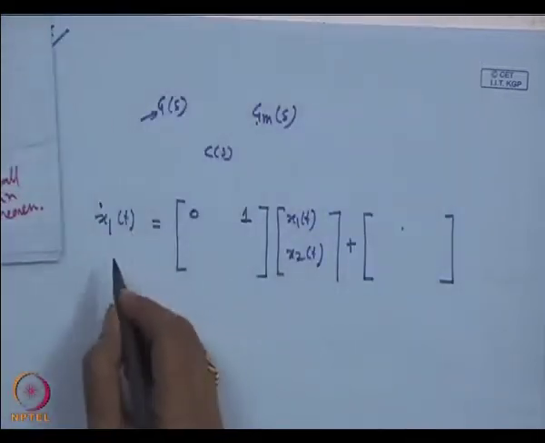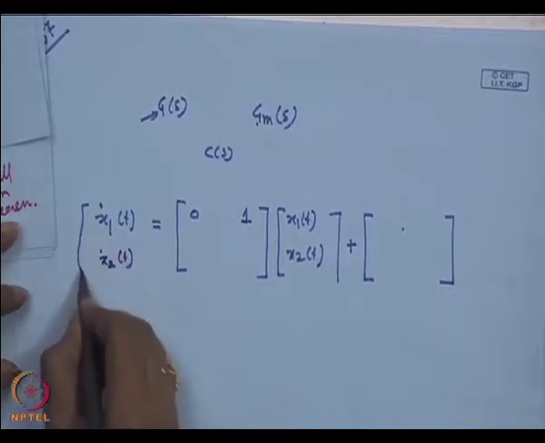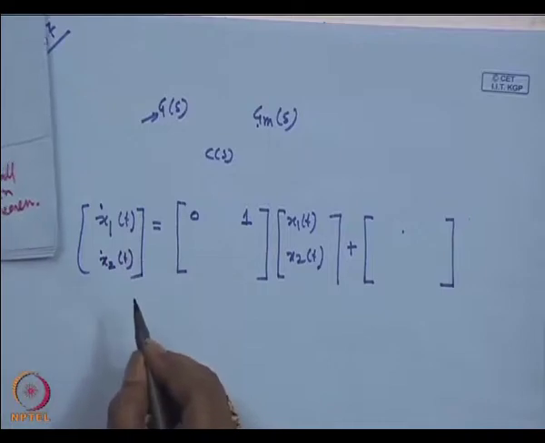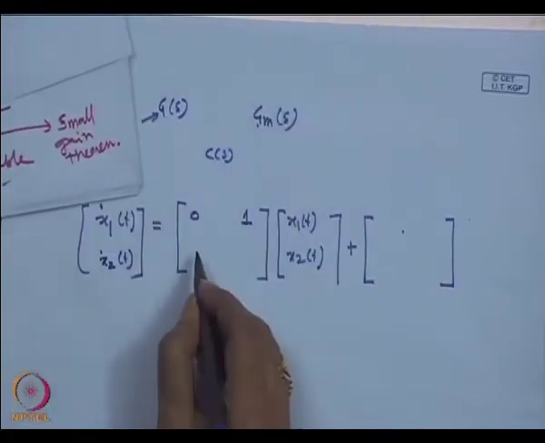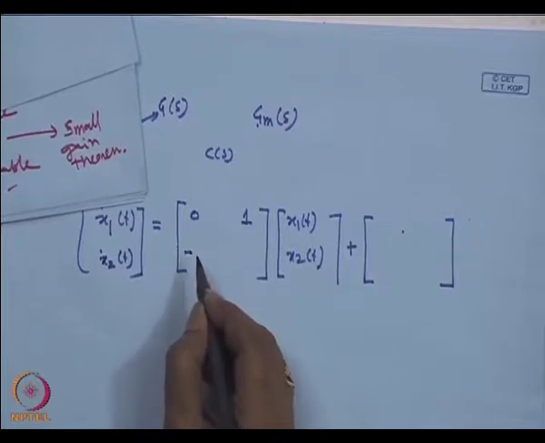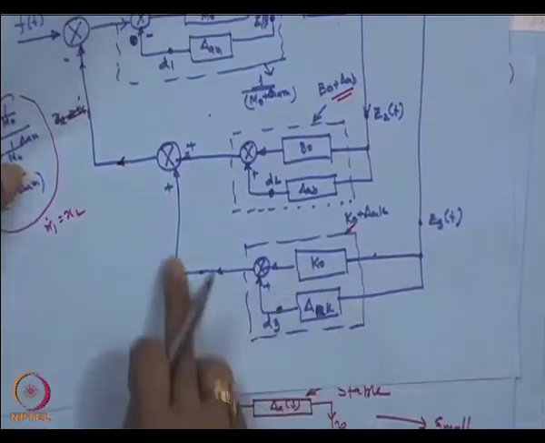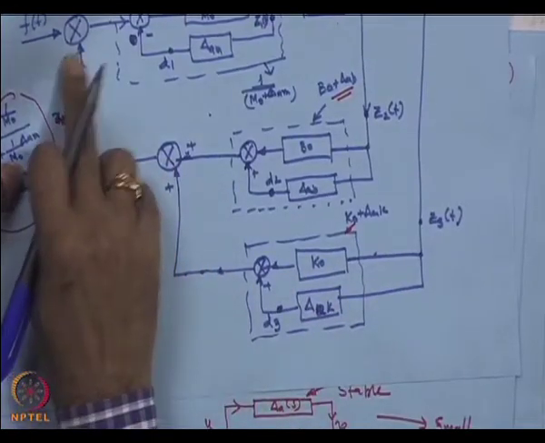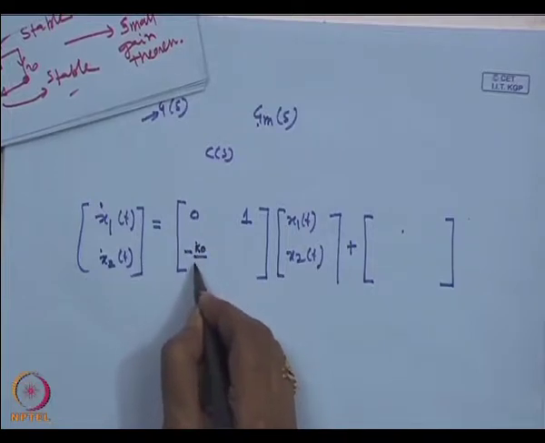So, I can write x 2 dot of t is nothing but x 1 times 1 by m 0. Why minus is considered? That signal is going with a minus sign. So, this is minus k 0 by m 0.